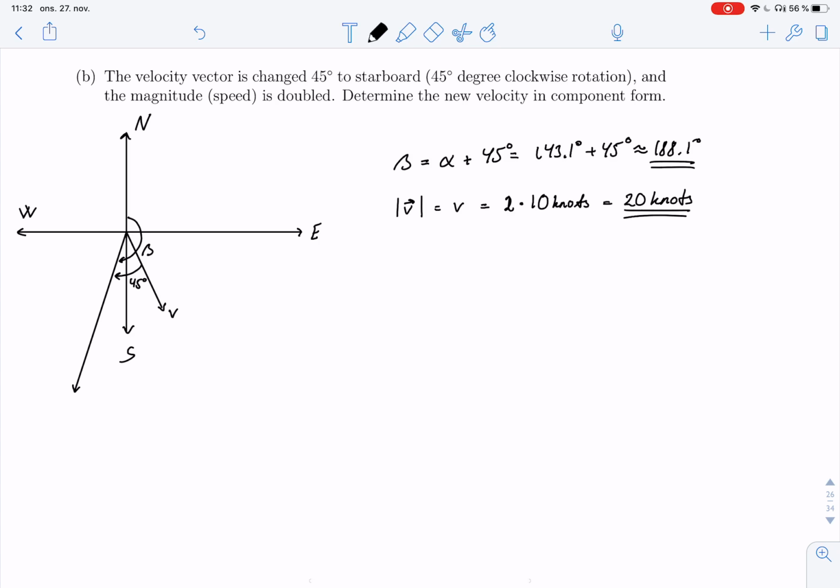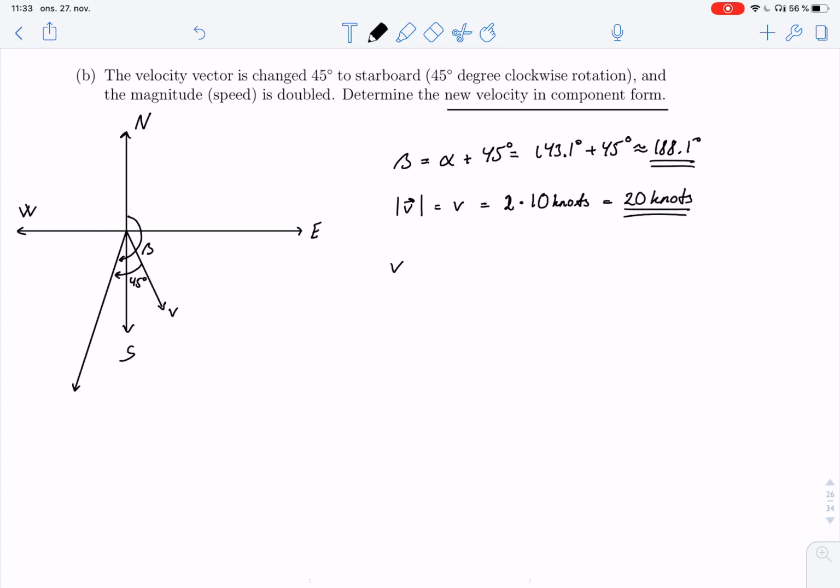So here we have our answer, but we are asked to find the new velocity in component form. And component form is not given with knots and a heading. That's magnitude and degrees. So our new V would be 20 times sine of beta in the I direction plus cosine of beta in the J direction.